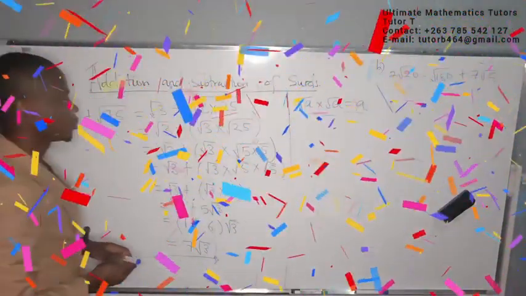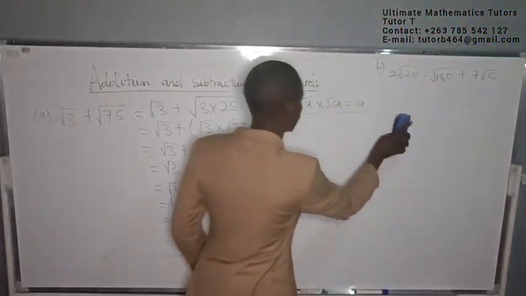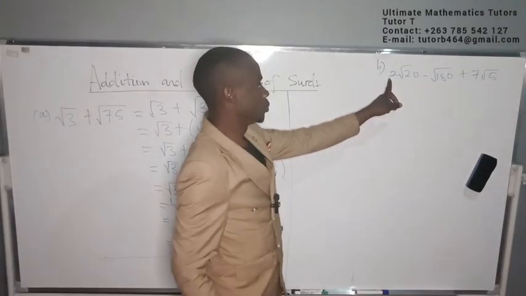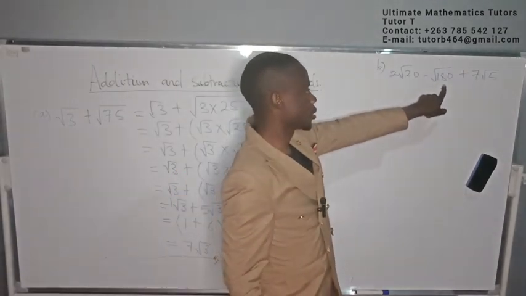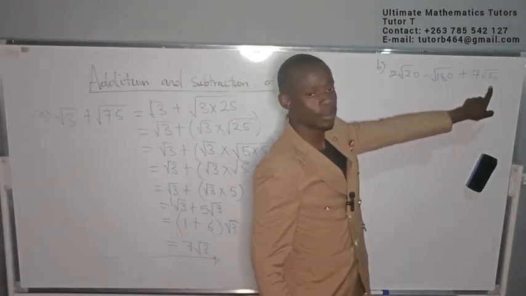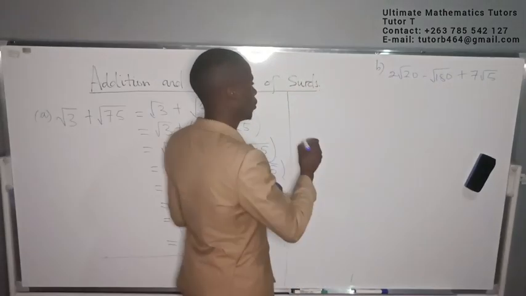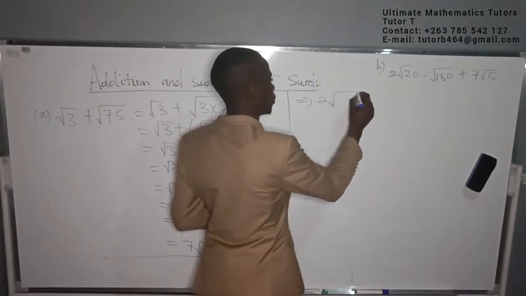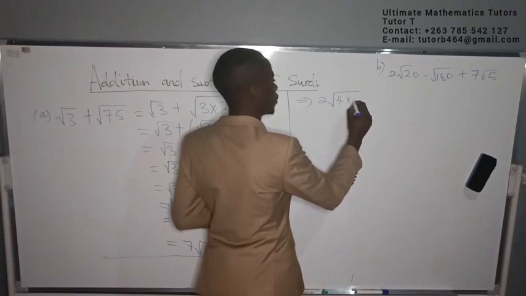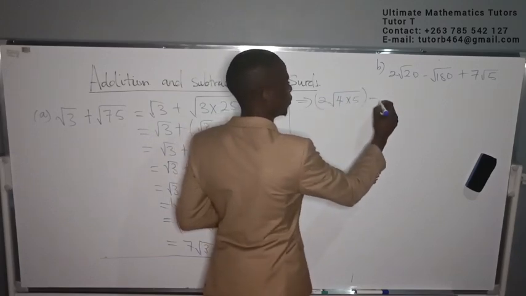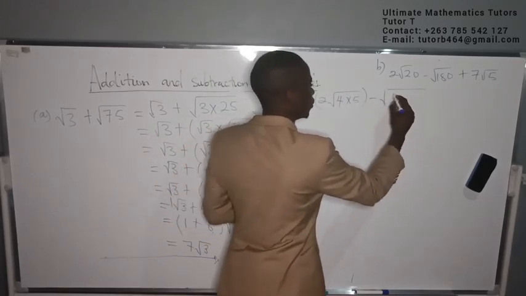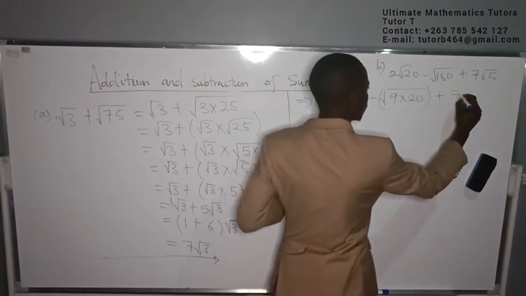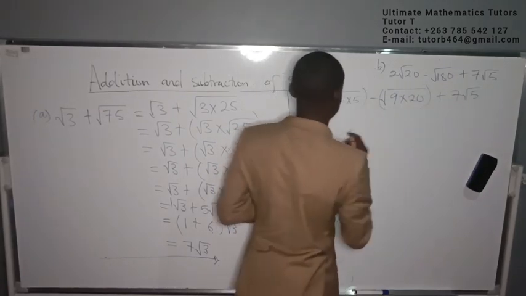Now let's go to part B. Right. So part B says 2 root of 20 minus root of 180 plus 7 root of 5. Right, so 2 root of 4 times 5 minus root of 9 times 20 plus 7 root of 5.